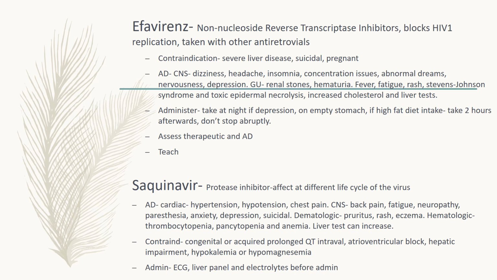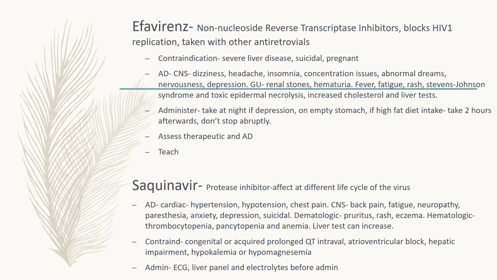When you see pancytopenia, pan meaning all, that means they're all at risk of being low. So we've got to do checks on that, and of course liver enzymes as well. Take a look at your contraindications there: an acquired prolonged QT interval or an AV block, hepatic impairment, hypokalemia, or hypomagnesemia.